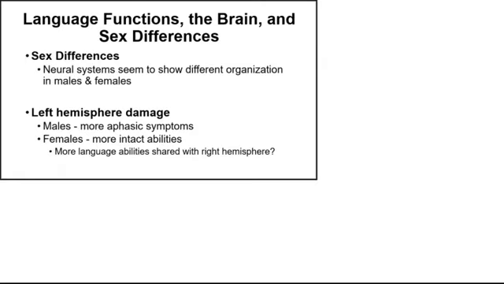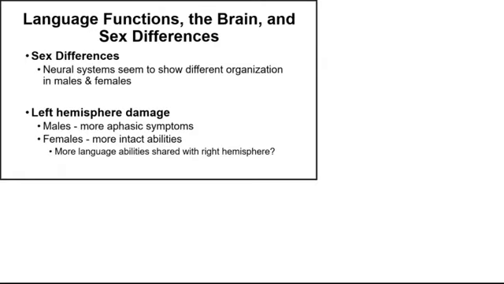We had said that males tend to have a greater lateralization of language ability. And all this means is that in males, the left hemisphere is more strongly related to language, and the right hemisphere not so much. But in females, we tend to see almost equal activity in both hemispheres. So they are non-lateralized for language.